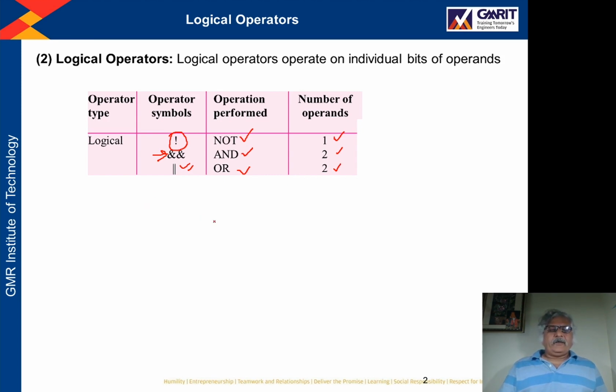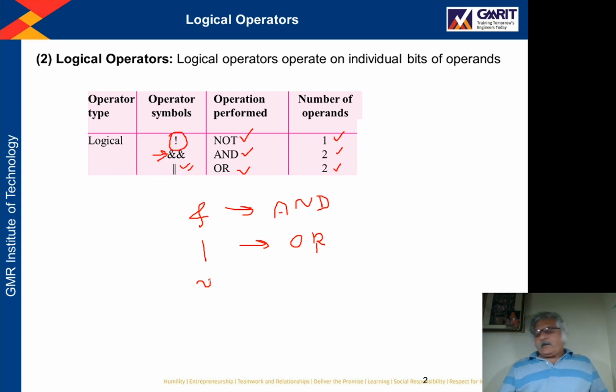Now we already discussed that in bitwise operators, a single ampersand indicates the AND operation, and a single vertical bar indicates the OR operation. And for the complement, the one's complement is equal to the NOT operation, so for one's complement we have the tilde symbol.